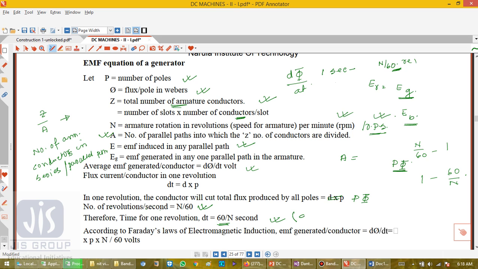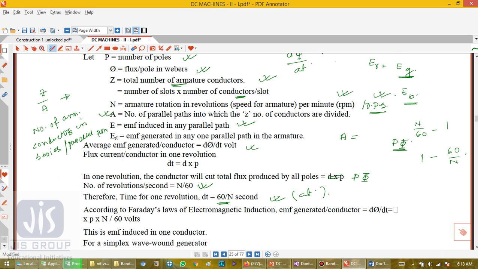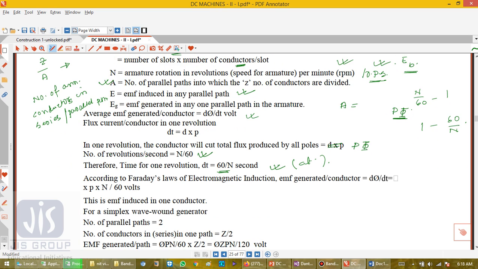That is my dt. So d phi by dt is P phi divided by 60 by n, that is E average equals P phi n by 60.